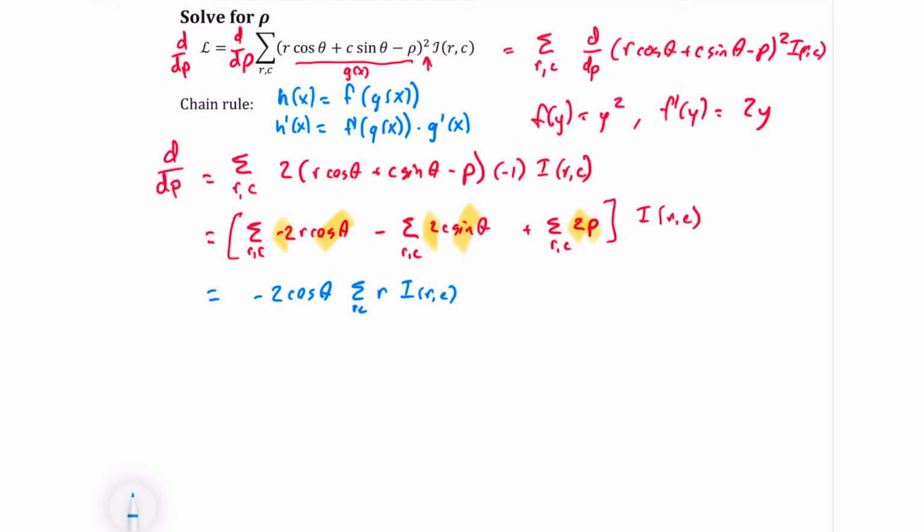And then my next term is going to be minus 2 sine theta times my summation over all RC of C times my indicator of RC. And then plus 2 rho times my summation RC of my indicator function RC.